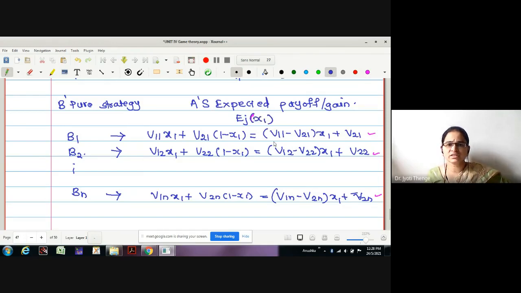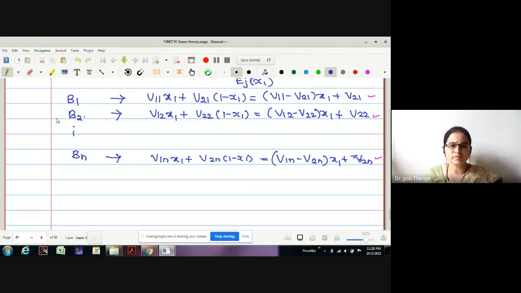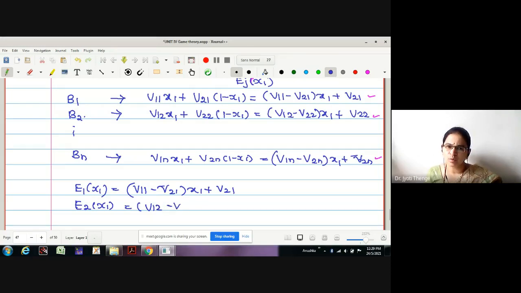Right? So what is this first value? This is E1 of x1, this is E2 of x1 and so on. Let me write down E1 of x1: (V11 - V21) x1 + V21. What is E2 of x1? This is (V12 - V22) x1 + V22.